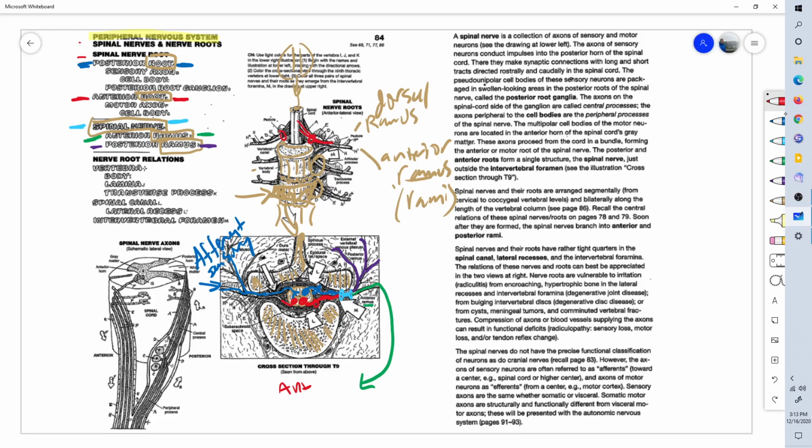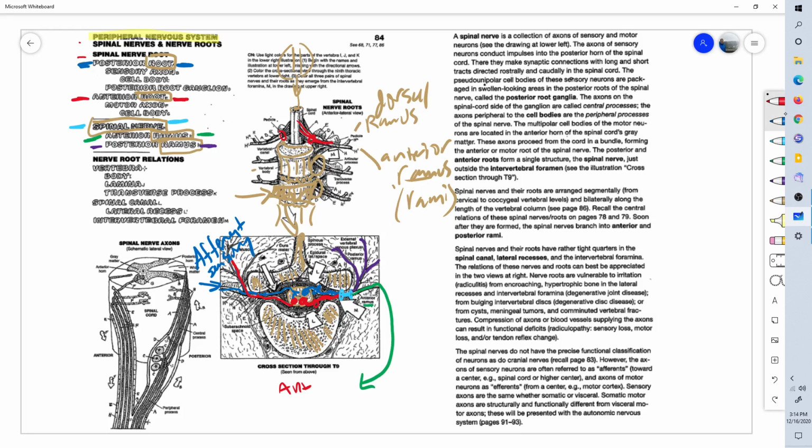So from the anterior horn of the spinal cord, the signal will come outward, the anterior root, to the spinal nerve, through the spinal nerve, and we'll go tell your muscle to move. Excuse me. And then back through the root and the ramus.